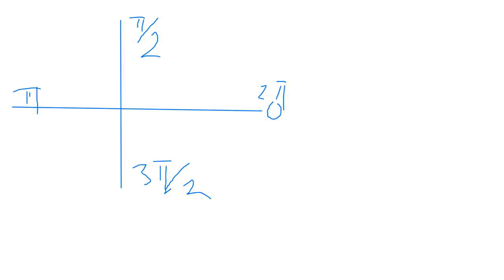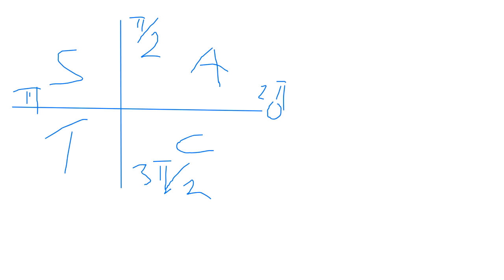Then we have the CAST. I believe all of you remember the CAST. CAST means that from 0 to pi over 2, every angle you measure, you find a trig ratio of is positive, whether it's cos, sine, or tan.